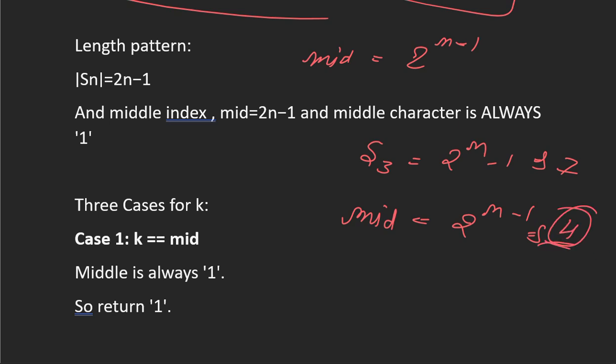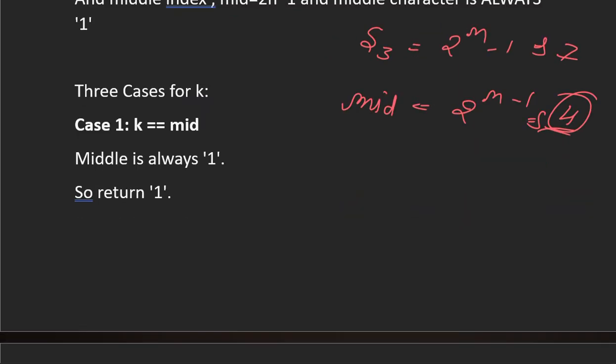So this is the middle index. And the middle element is always 1, because we have S(n-1) plus 1 plus reverse invert of S(n-1). So the middle element is always 1.